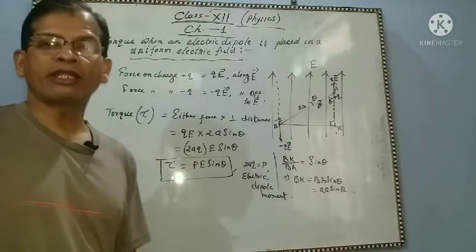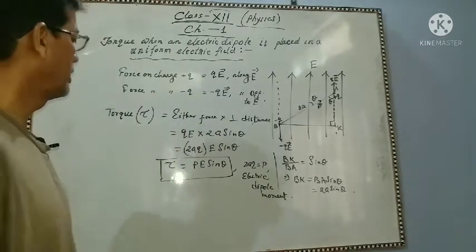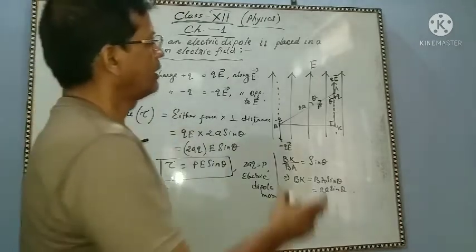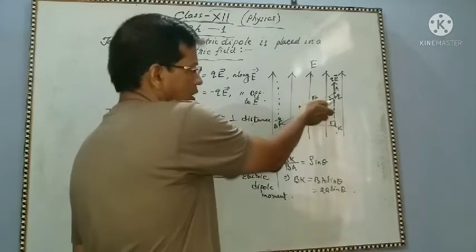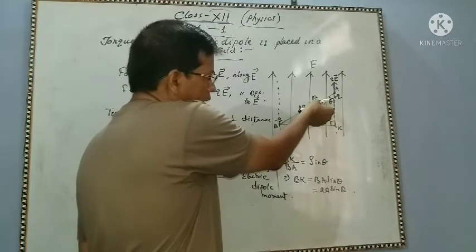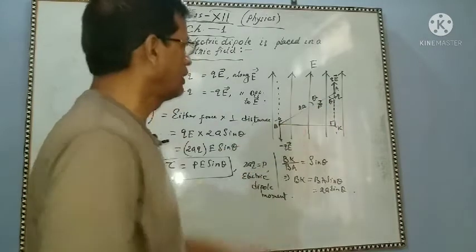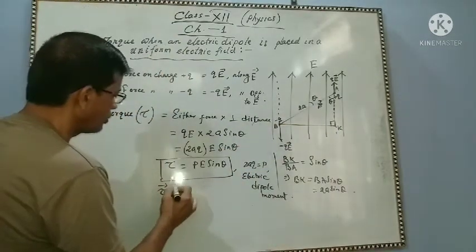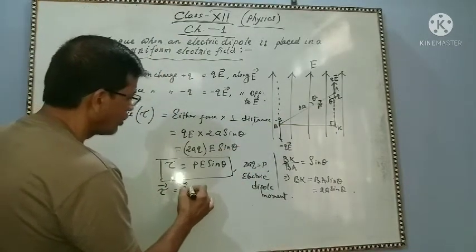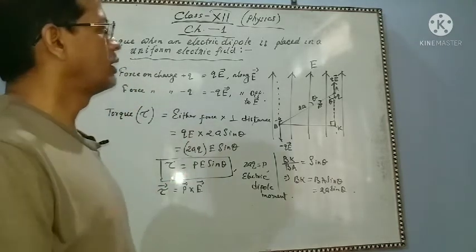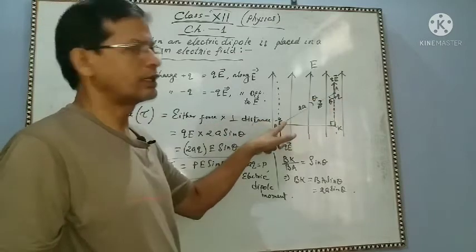And in vector form, what can we write? Rotation is from this to this. Rotation is this way, P to E, through a small angle. So tau vector equals P cross E. You cannot write E cross P because it is rotating.